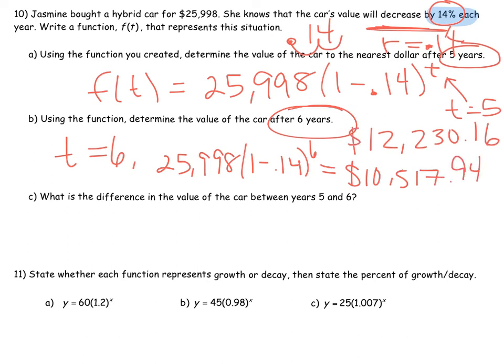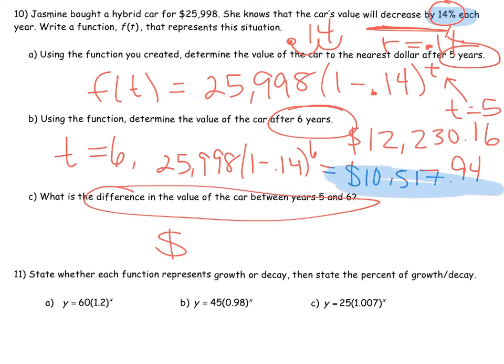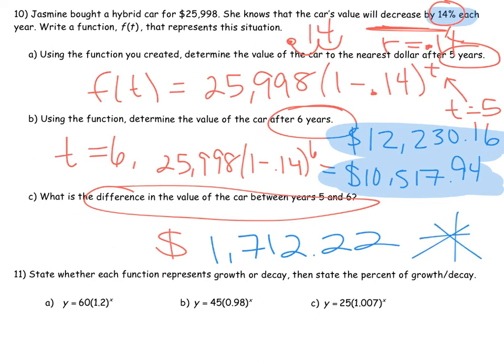And it asks you to find the difference in value, so I'm just going to subtract those. When I subtract these two numbers, I end up getting $1,712.22. Okay?